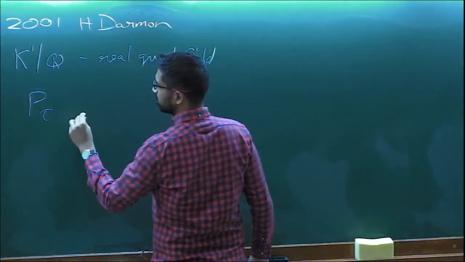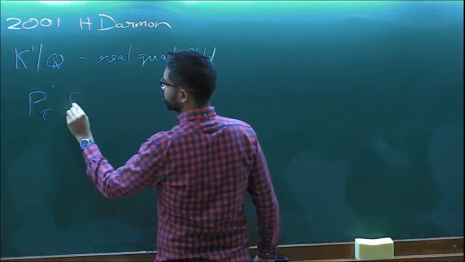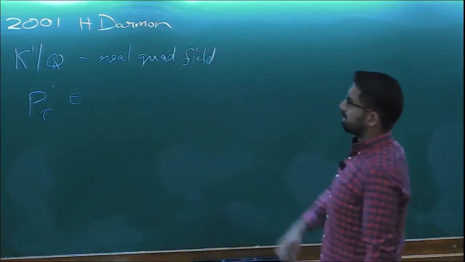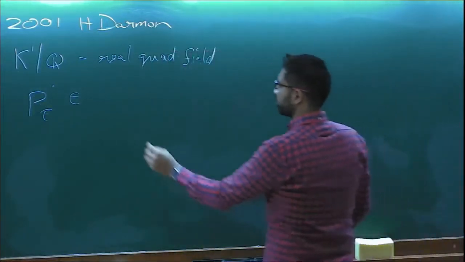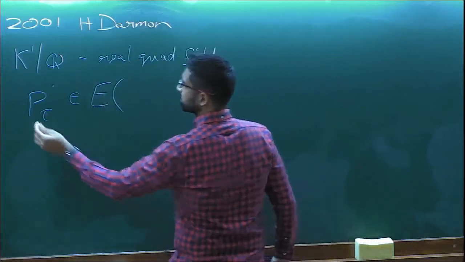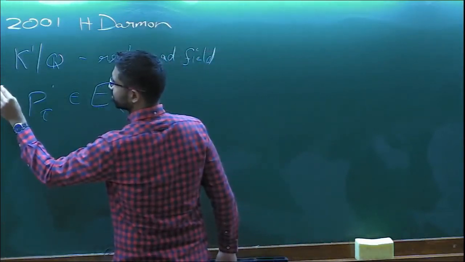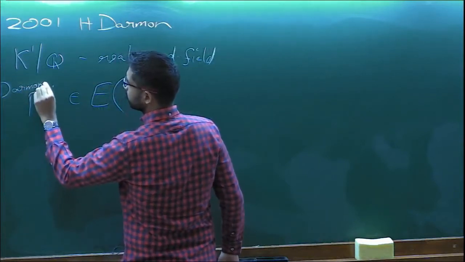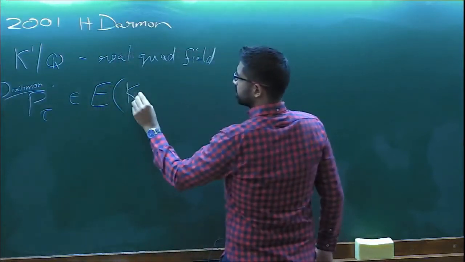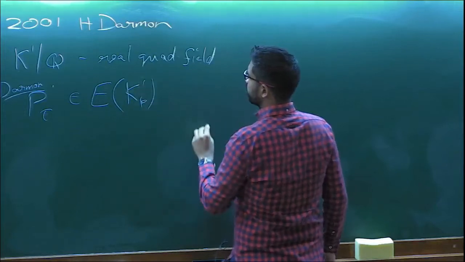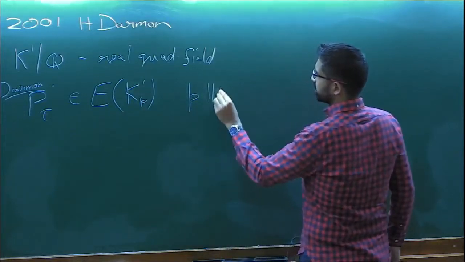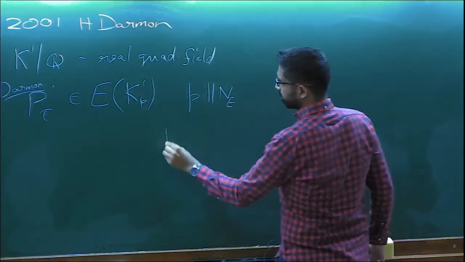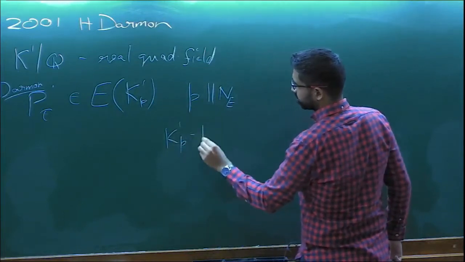So I'll still say, let's say P'_tau, just to keep it distinct. So these are actually points. So he could produce, I don't know, this is not quite the theorem, but let's say this is Darmon. So these are local points. So P is now some prime that exactly divides the conductor of this elliptic curve, and then K'_P is the P-adic completion of K'.